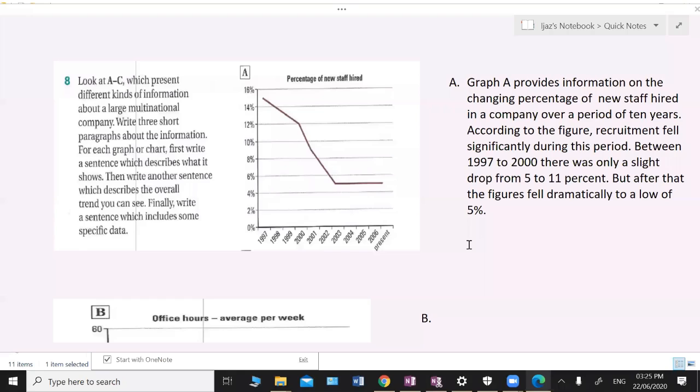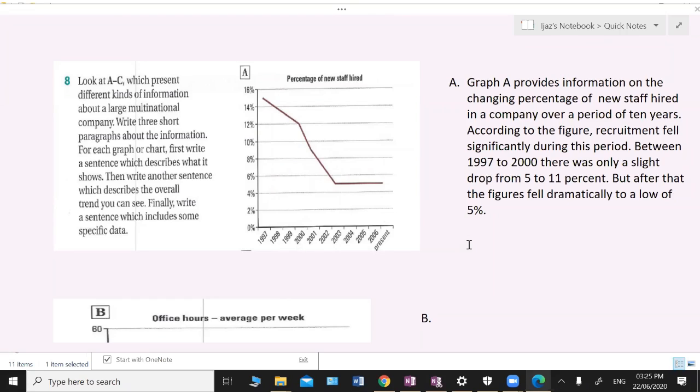So if you understand what this whole graph is about, you need to write just the information. And again, the examiner is interested in a number of things which I have already discussed with you. What is he interested in? What is your content?